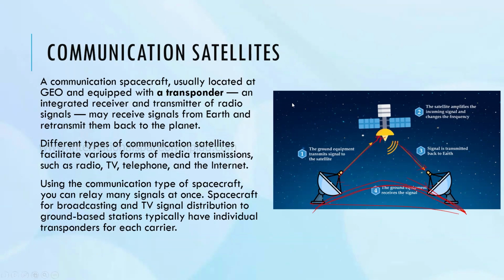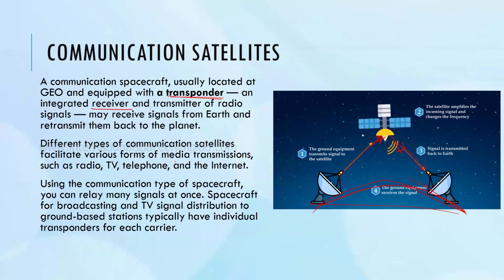Okay. So every communication satellite is equipped with something called a transponder. A transponder consists of a receiver, so it has to receive the signal and transmit the signal. So one instrument which is capable of both receiving and transmitting the signal is called a transponder.